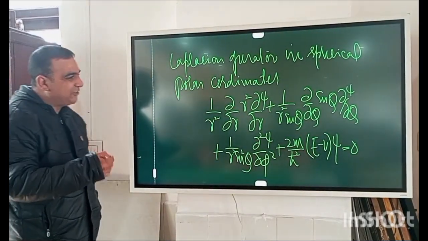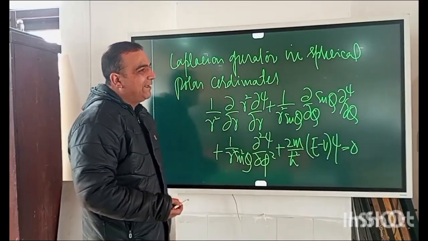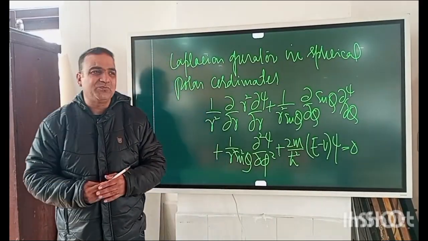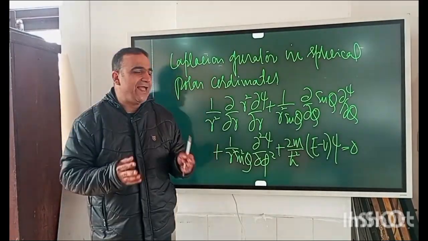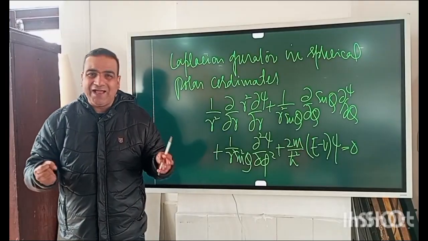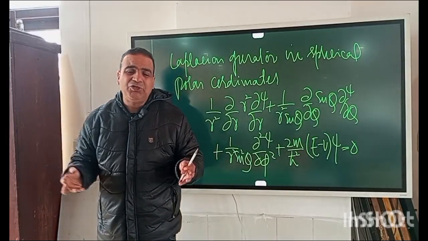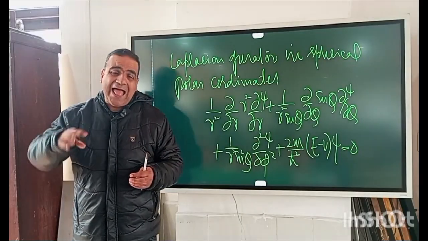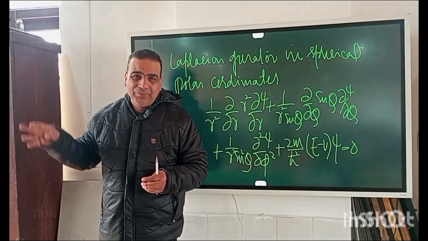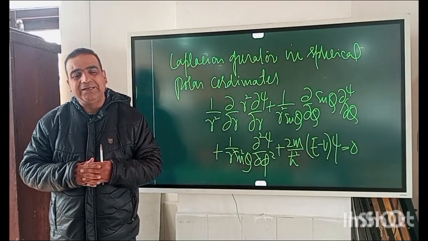Before proceeding into the mathematical formulation, I would like to say that solving the problem of the hydrogen atom becomes the backbone when we have to get approximate solutions for atoms which have multiple electrons.